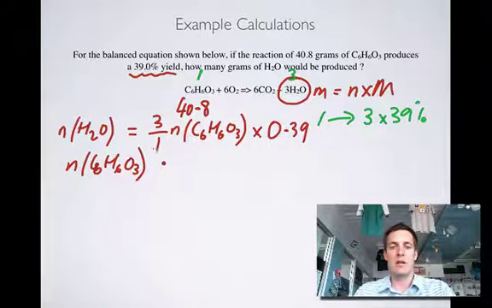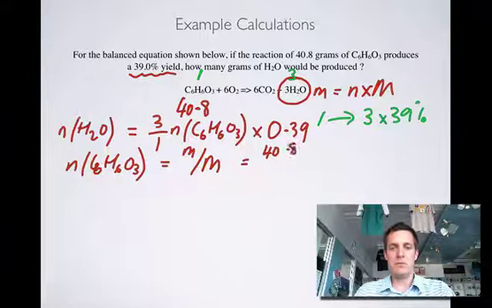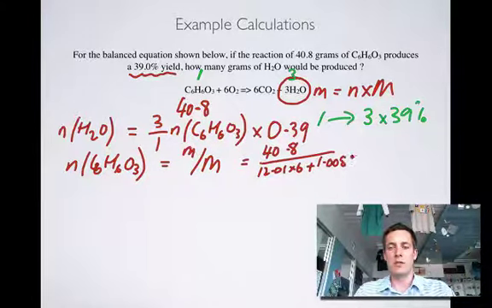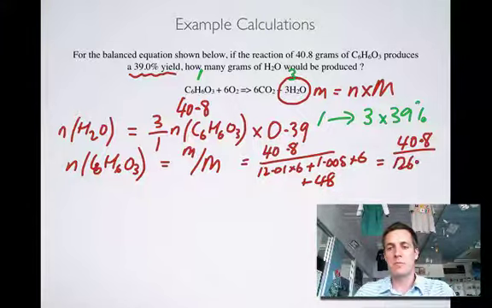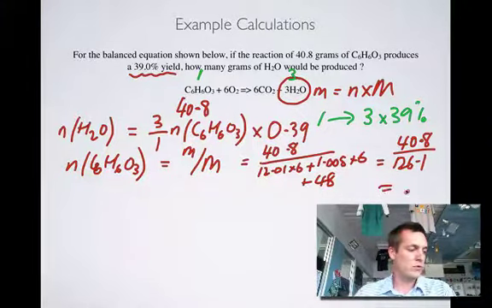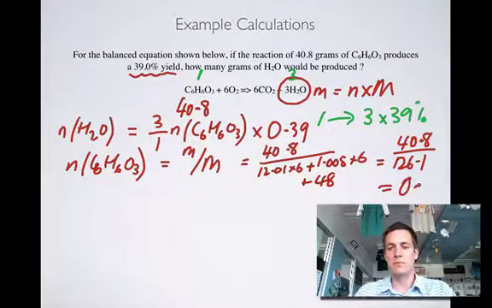So let's find the number of moles of C6H6O3. That is equal to its mass over its molar mass, which is 40.8 over 12.01 times 6 plus 1.008 times 6 plus 48 for the oxygens, so 40.8 divided by 126.1, and that equals 0.324 moles.